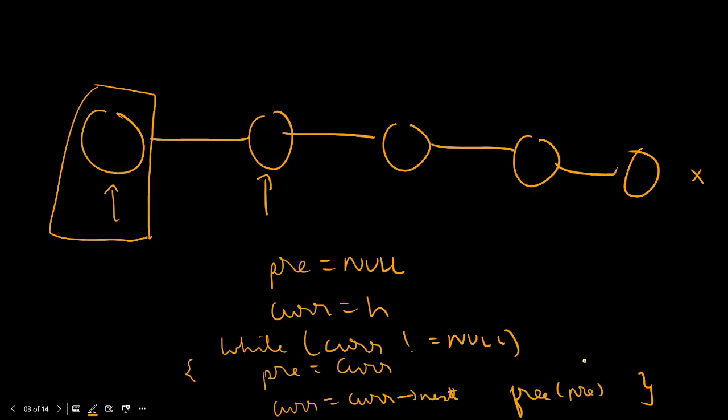That's it. I run this loop the entire time. And after my loop, I just set the head to null, star h equal to null. So now let us code this real quick. It's pretty easy.